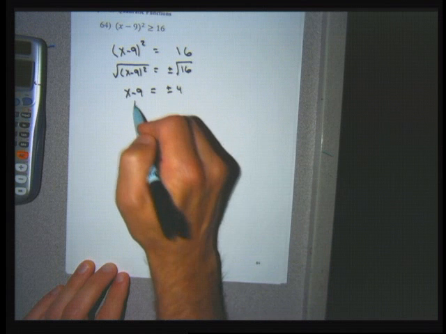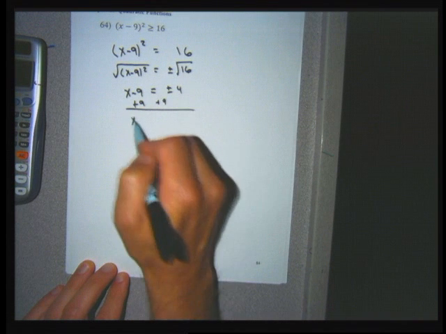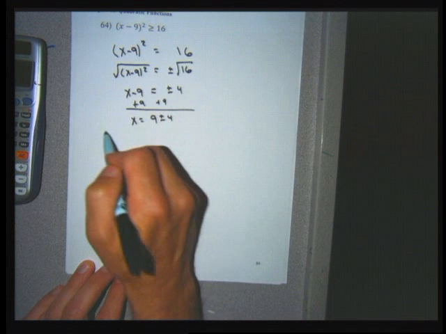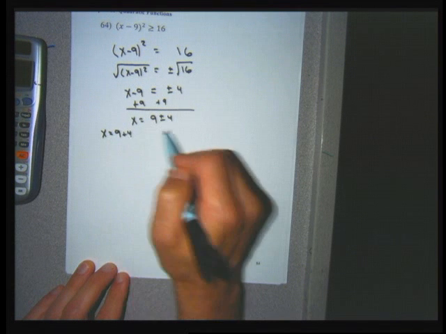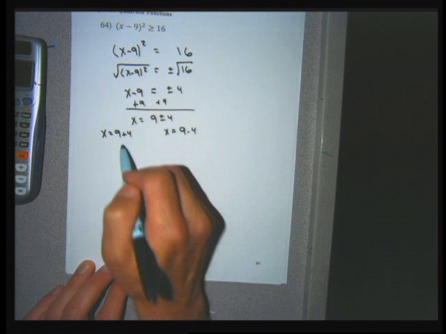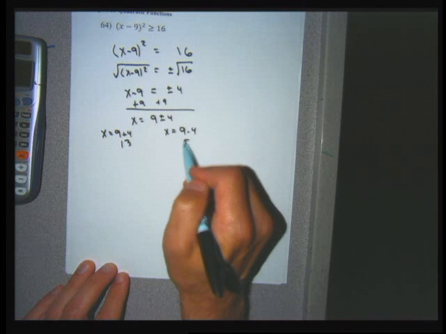I'm going to add 9 to both sides. That's going to give me x equals 9 plus or minus 4. That gives me x equals 9 plus 4, or x equals 9 minus 4. The 9 plus 4 is 13. The 9 minus 4 is 5.